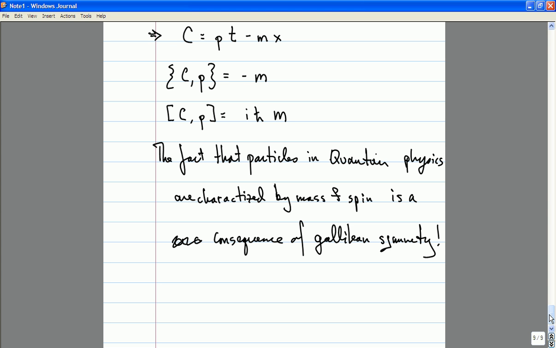And indeed, this logic can be extended. For example, if you include other symmetries, such as the gauge symmetries associated with electromagnetism, then you will see that objects are characterized by mass, spin, and charge.